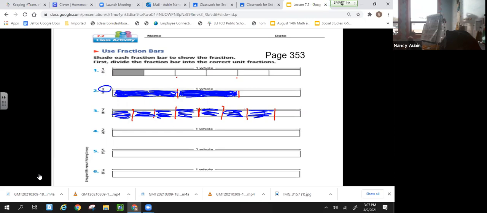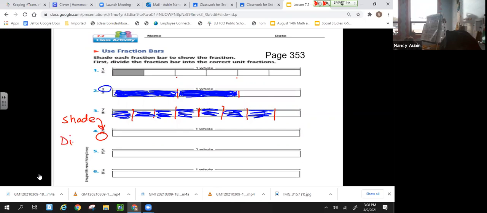All right. I'm going to see if you can do the next one by yourself. I just did 2 4ths. First, you're going to divide into 4ths, right? Then you're going to shade 2 of them.